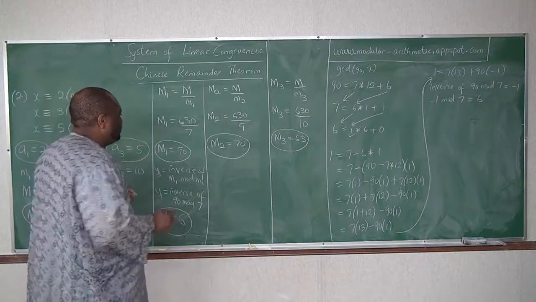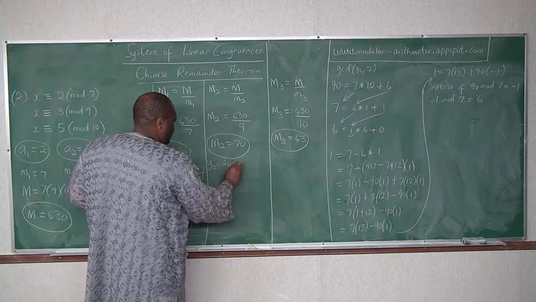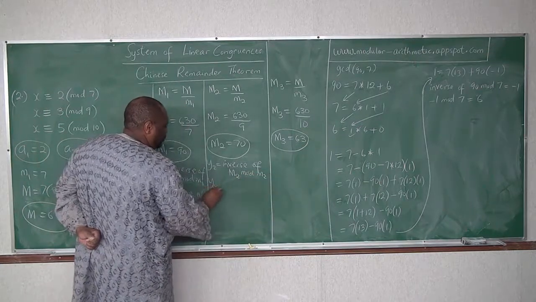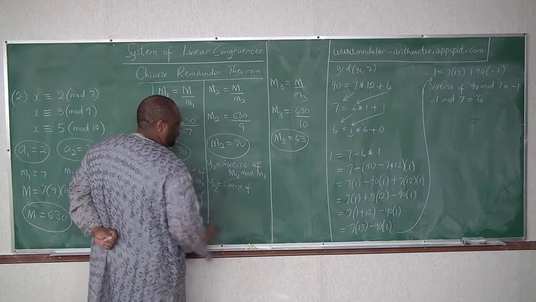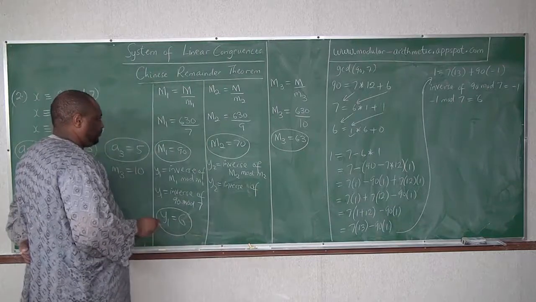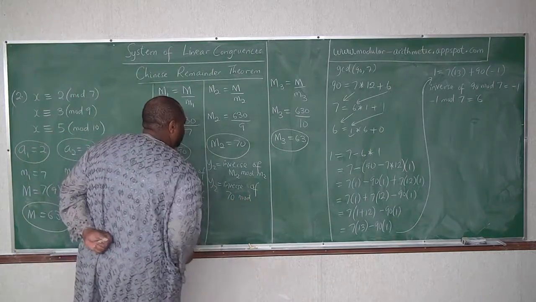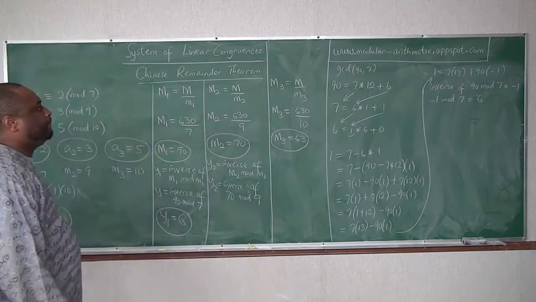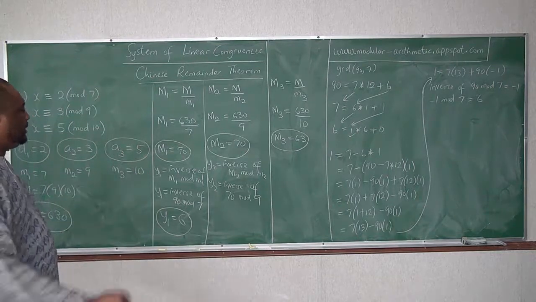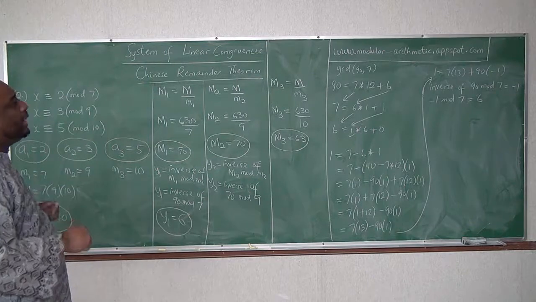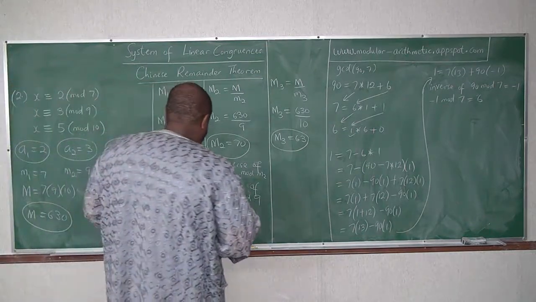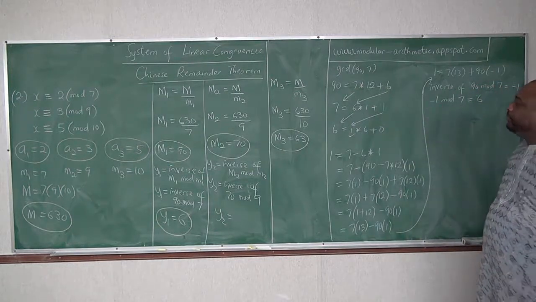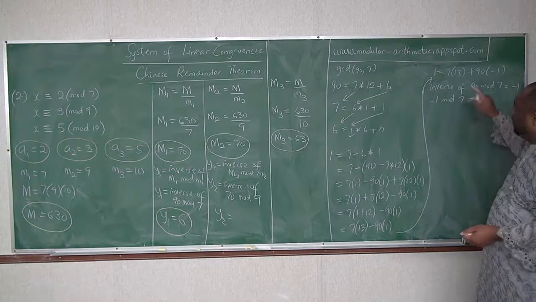Now we do y2. y2 is the inverse of M2 mod m2, so the inverse of 70 mod 9.